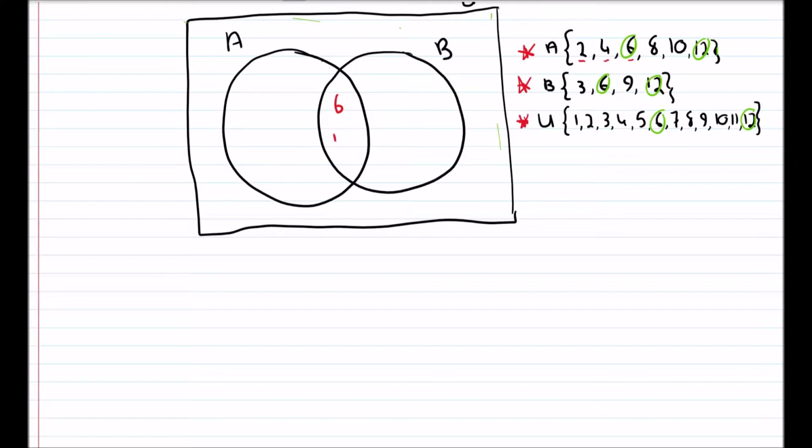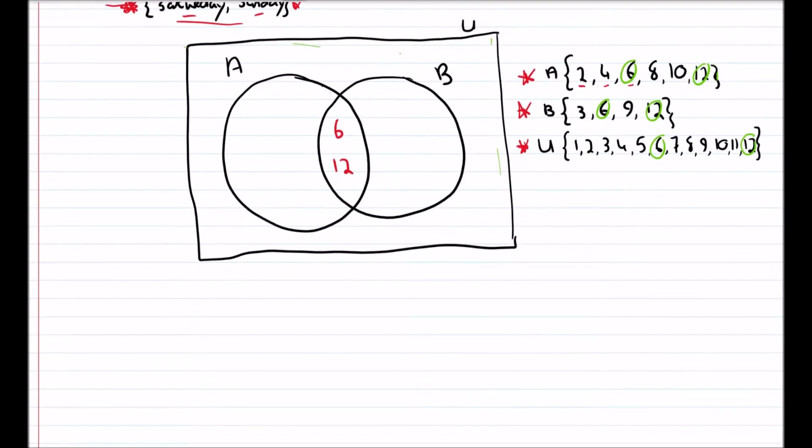So we can put 12 in A, in B, and in U. U stands for the universal set, so that's everything.